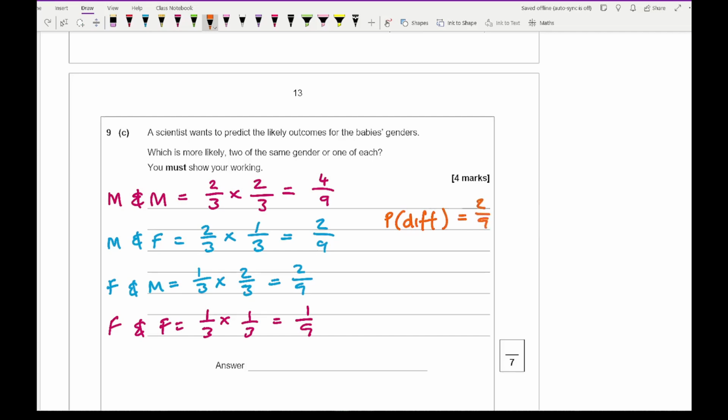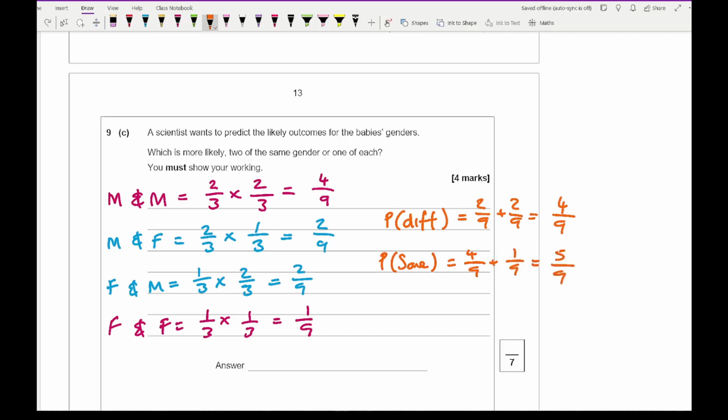So that's going to be 2 ninths plus 2 ninths, which is 4 ninths. And the probability of them being the same, well, if I add the two, what colour is that? More claret. And that's going to be 4 ninths plus 1 ninth, which is 5 ninths.